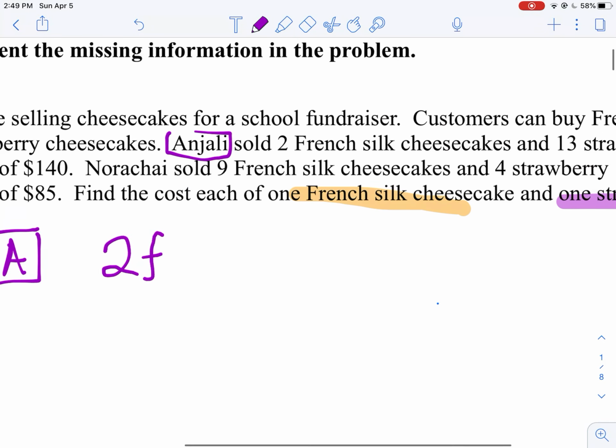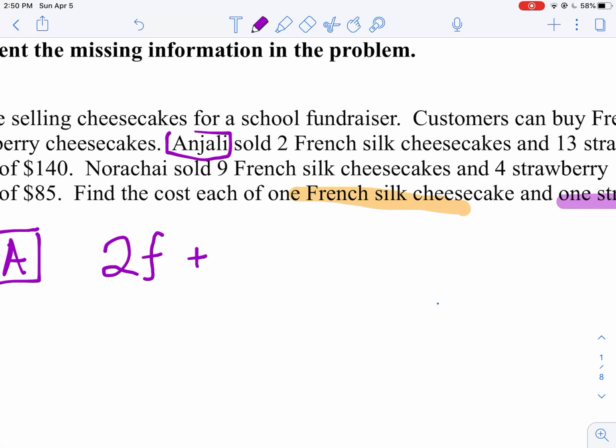Okay, 2F. What's nice about these, it's always going to be plus. I talked about everything being positive. Our setups are all going to be positive because we're talking about selling things for a price together, and putting things together is just addition. We're not taking away. I'm not saying you wrecked 3 French silk cheesecakes and couldn't sell them. This is all going to be positive, which is nice and easy.